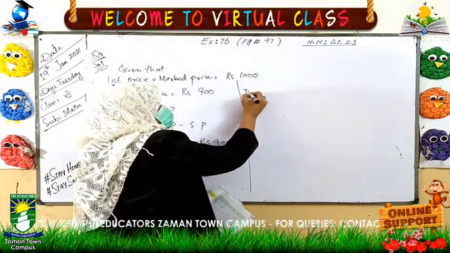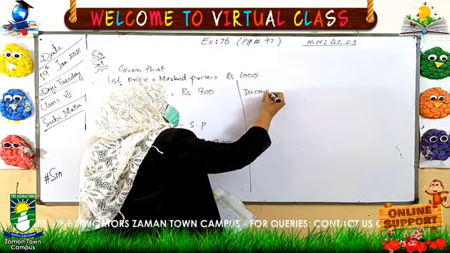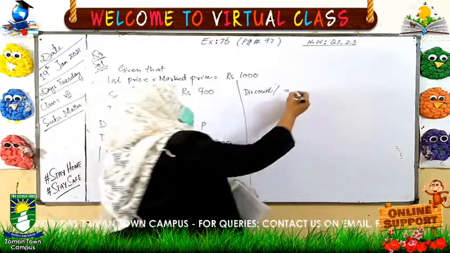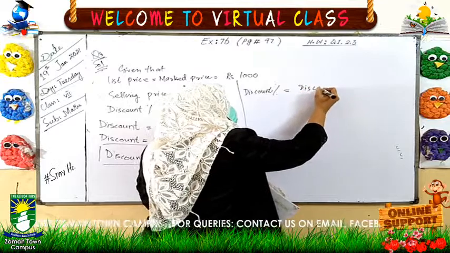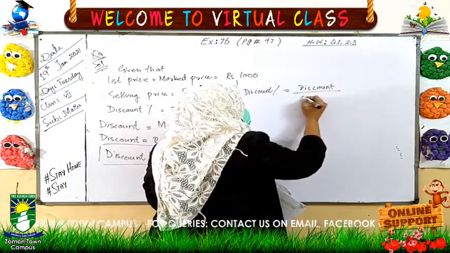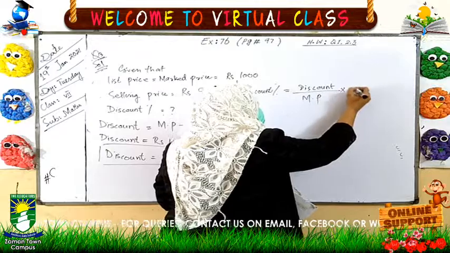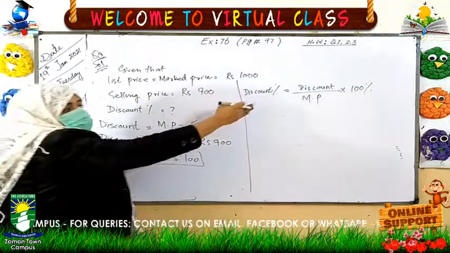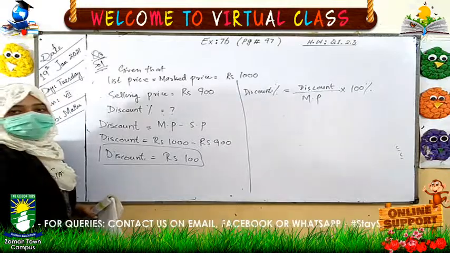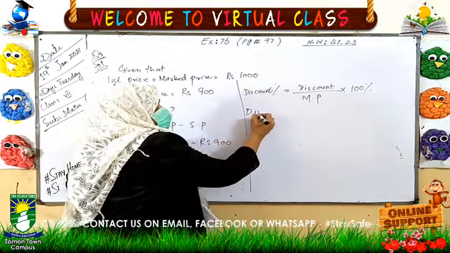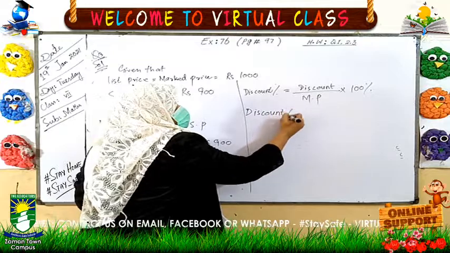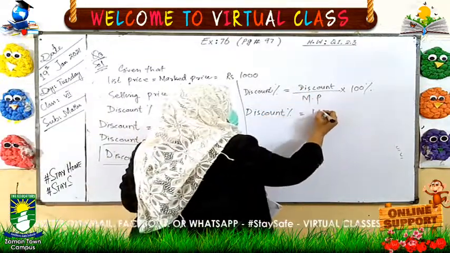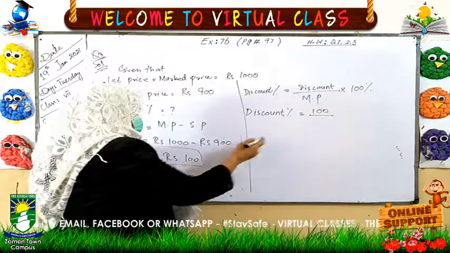After this you will use the formula for the discount percent, which is equal to discount upon mark price multiplied by 100%. After this you will use this formula in order to find out your discount percent. First you have discount, write the value of discount, 100.